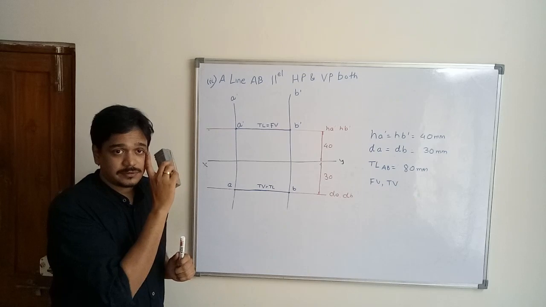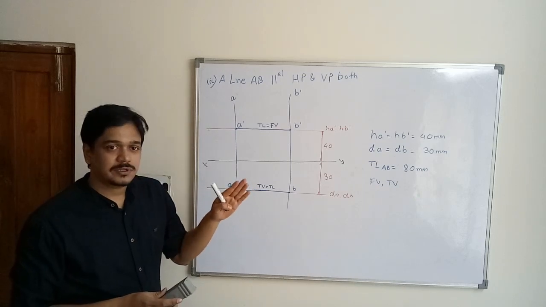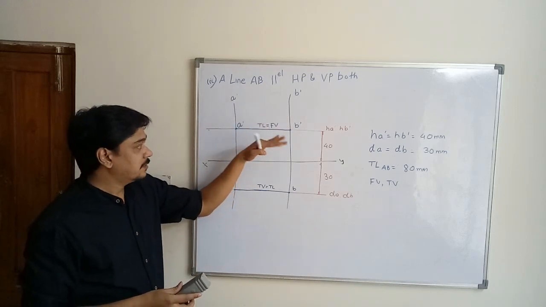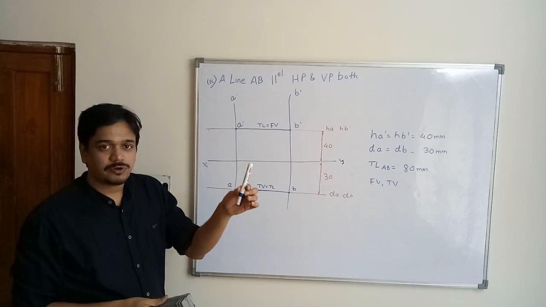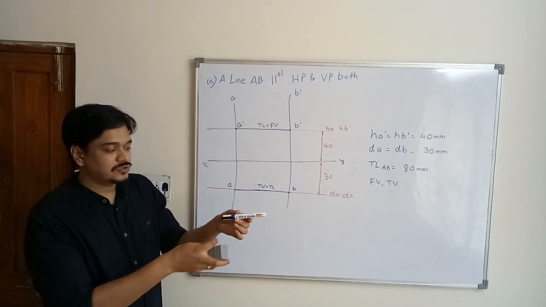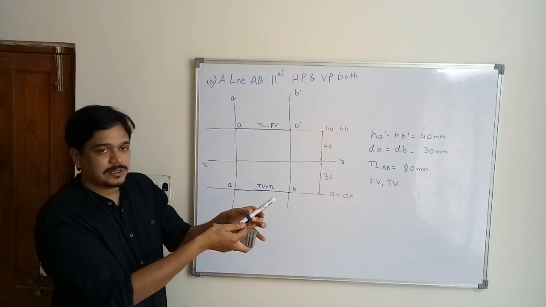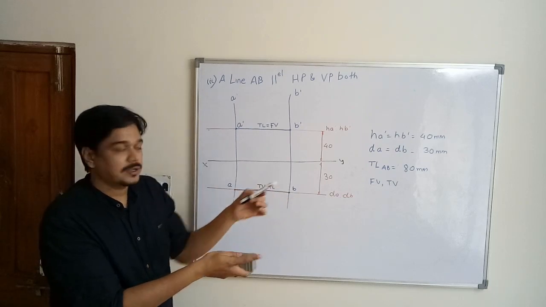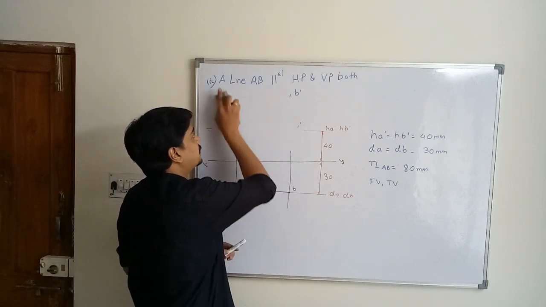Now the next is the more difficult case. Now this is not difficult, but right now we are taking it either perpendicular or parallel. Now we will assume a line inclined to this plane or inclined to that plane. So let us take that case.